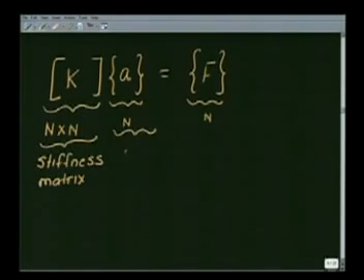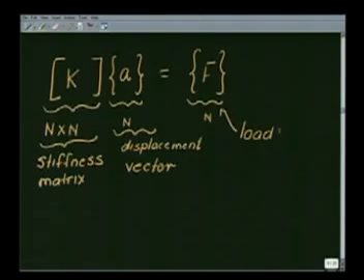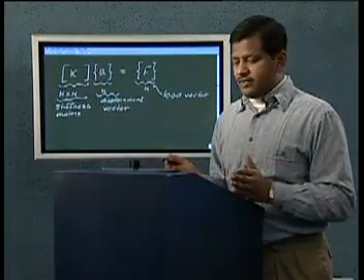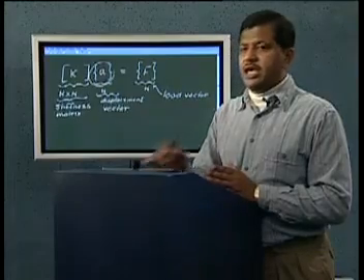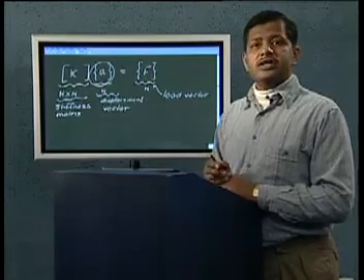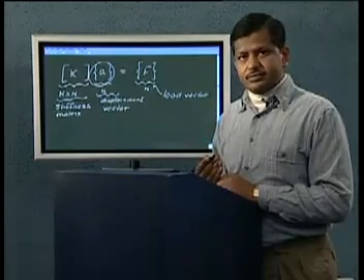This vector, we are going to give it a name called the displacement vector, and this vector will be called the load vector. So now we have this matrix problem Ka is equal to F, which, if it can be solved, will give us the unknown coefficients A. So once I obtain the unknown coefficients A, then I know the expression for un of x.